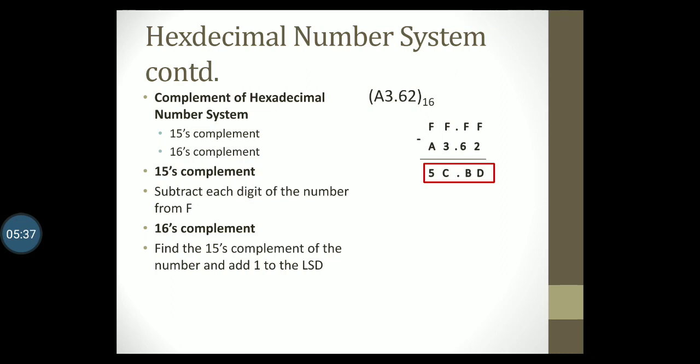So if we have F minus 2, this means 15 minus 2, which is equal to 13. But 13 in hexadecimal is written as D. In the same way, you can subtract the rest to get the answer 5C.BD.